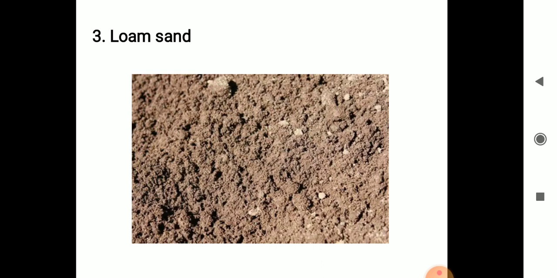See in the figure, loam sand. Loam sand is sand containing up to 50% clay which has been worked to a consistency of mortar. This sand is used for loam molds for making very heavy castings, usually with the help of sweeps and skeleton patterns. This is the loam sand.